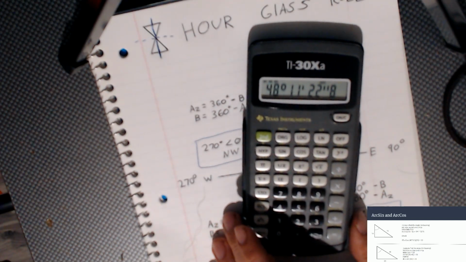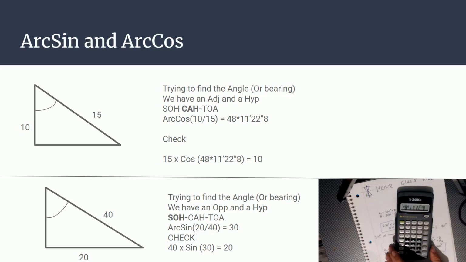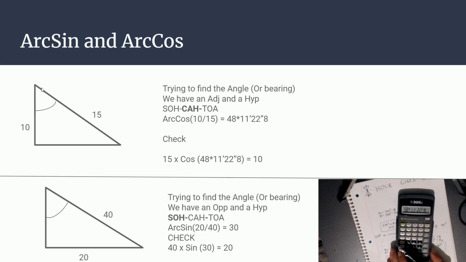This tells me that this interior angle, this bearing, is 48 degrees 11 minutes 22.8 seconds. That says we're going to go southeast, assuming we're going from A to point B. We travel south and then we went east, so southeast.